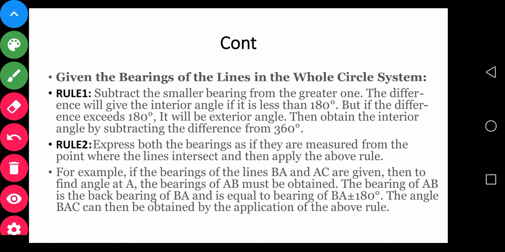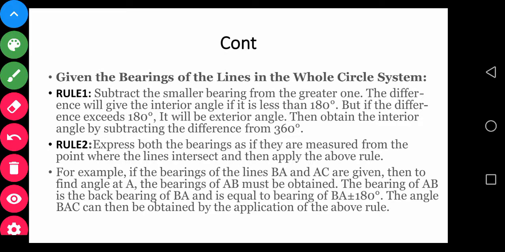In the first rule, we subtract the smaller bearing from the greater one to calculate the difference. If the angle comes out less than 180, it is the interior angle. But if the difference is greater than 180, then it is the exterior angle.